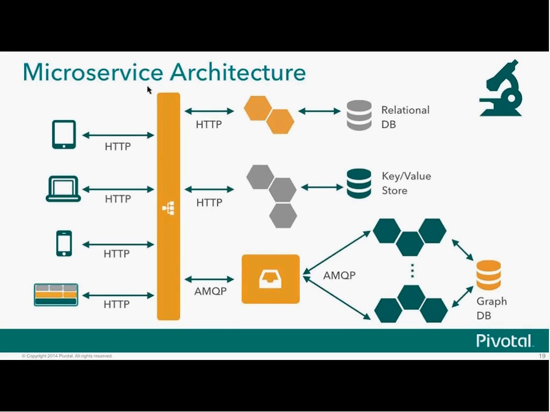And then ultimately, having a platform like Cloud Foundry that's going to make a lot of those decisions for me and control a lot of that traffic routing for me.